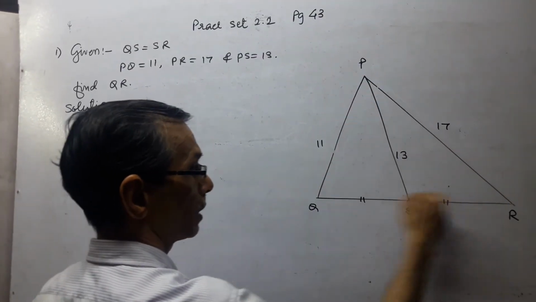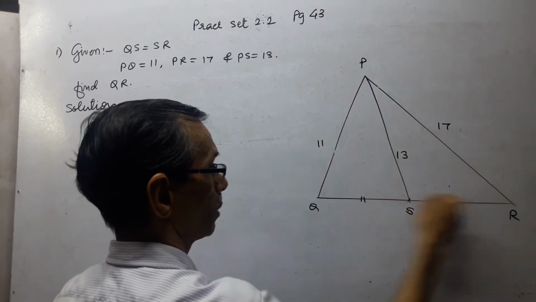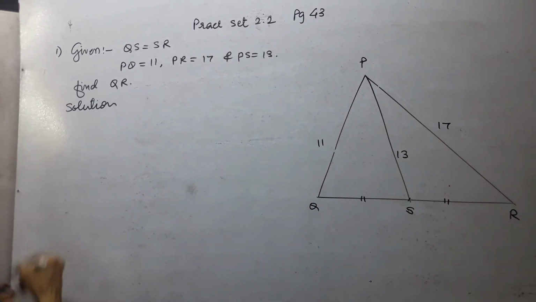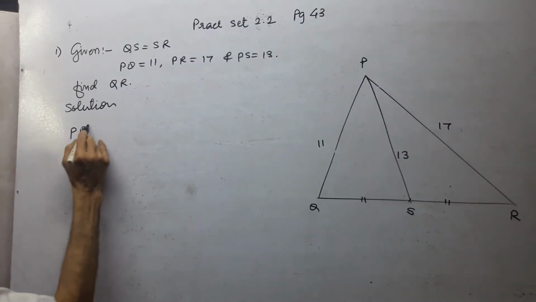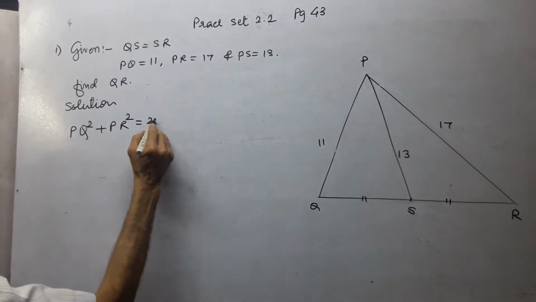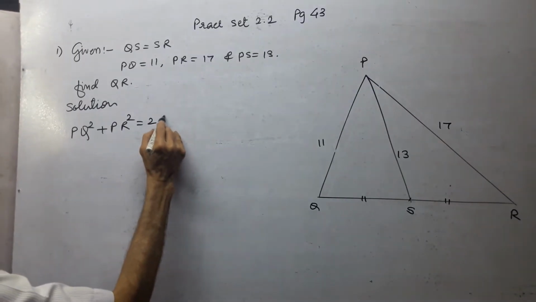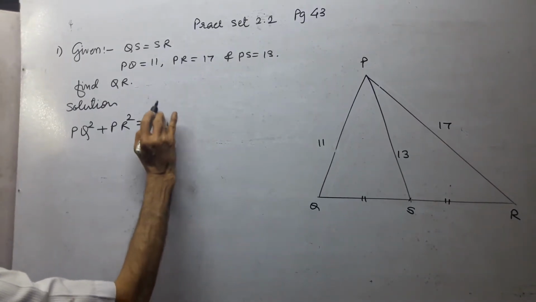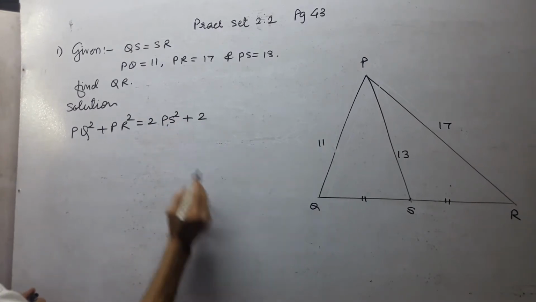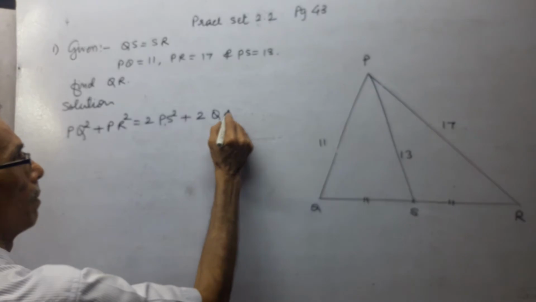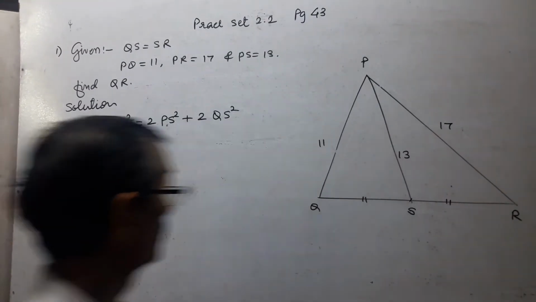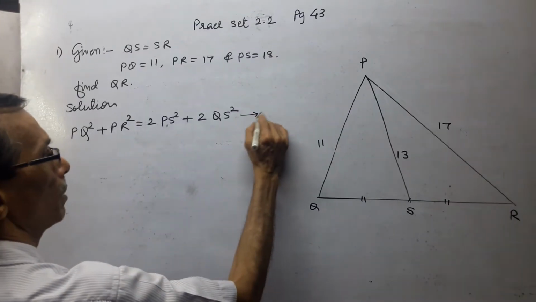Of these three sides, PQ, PR and QR, QR is divided, and therefore PQ square plus PR square is equal to 2 times median square, so median is PS square plus 2 times QS square. This is called Apollonius theorem. So you write Apollonius theorem.